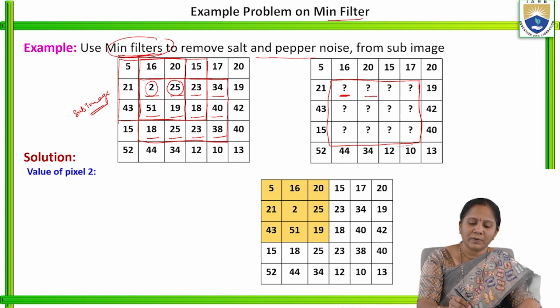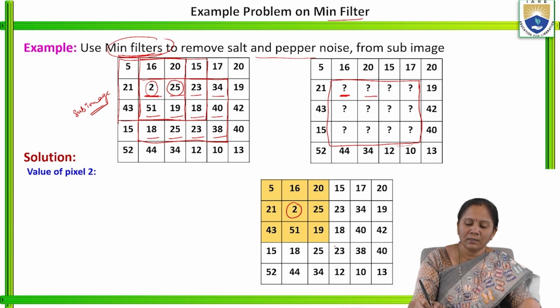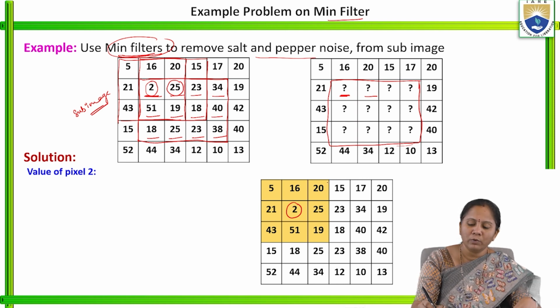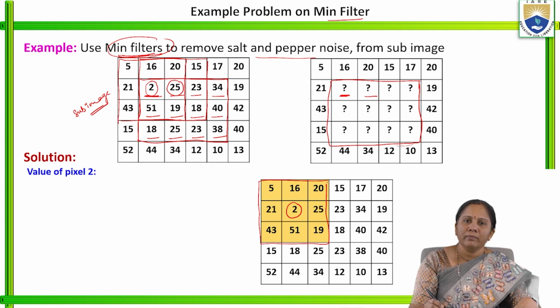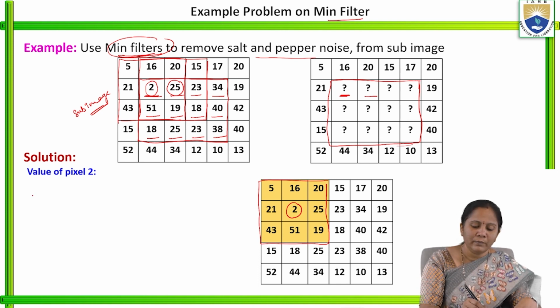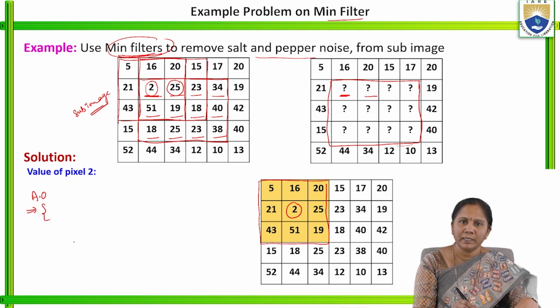So the first value we need to find is for 2. This is the mask we have applied. 2 has become the center pixel, so consider all the neighborhood pixels. All these are the neighborhood pixels. After considering, we write all of them in ascending order.